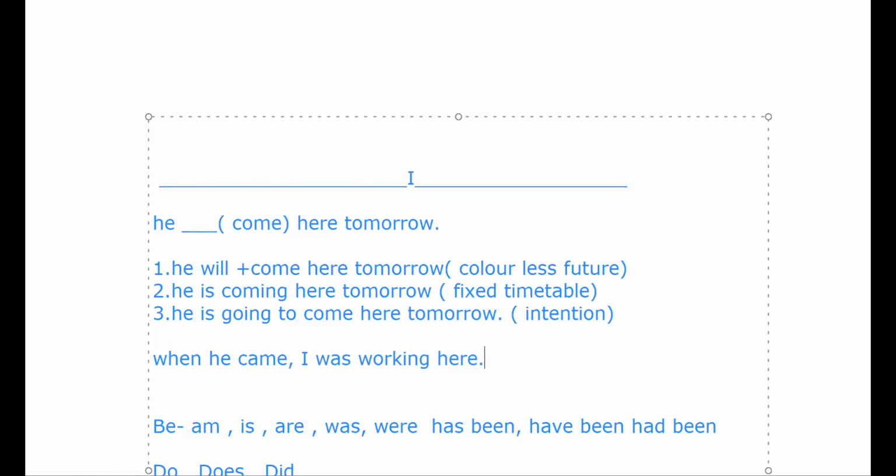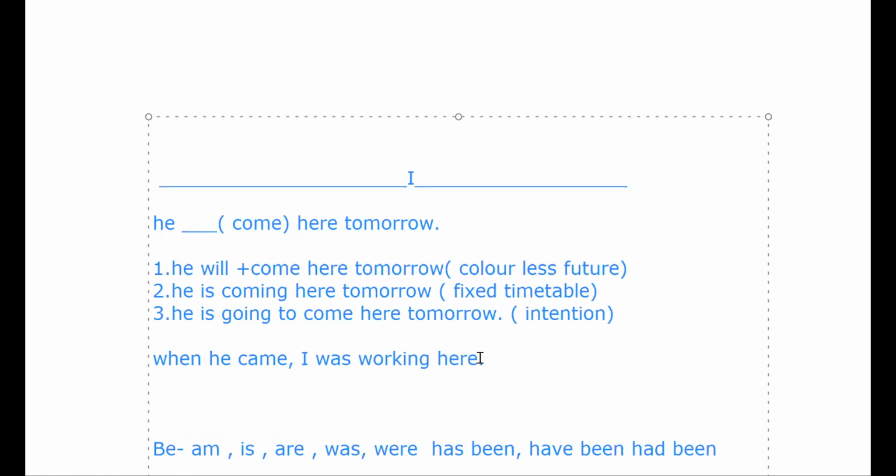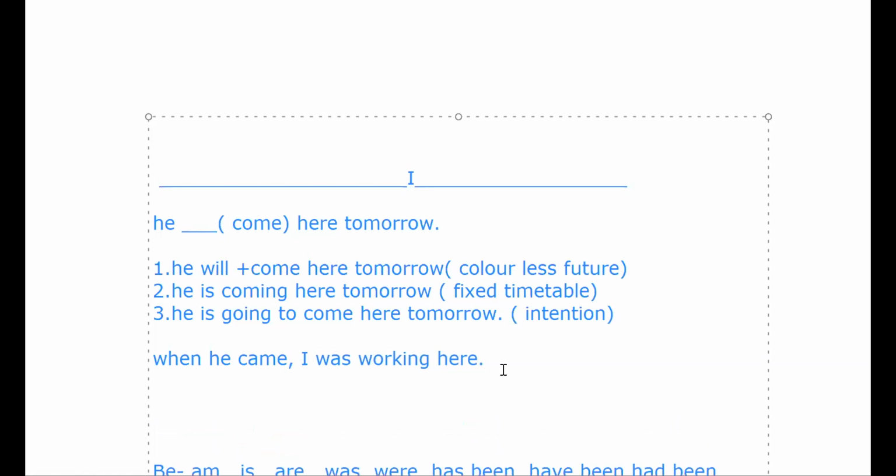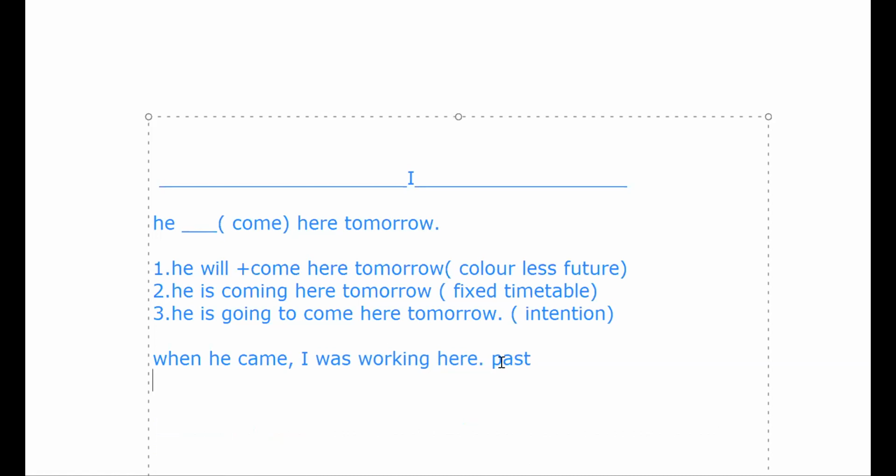Obviously, this is past. I am asking you guys to change this into future. The sentence which I gave you is the past form. Please change this into future form.